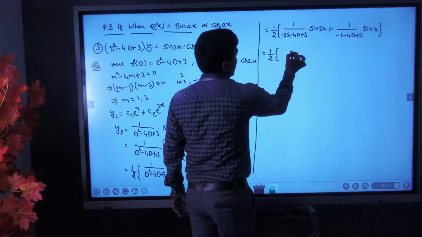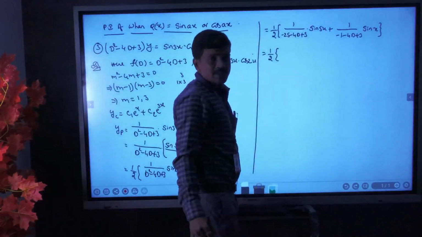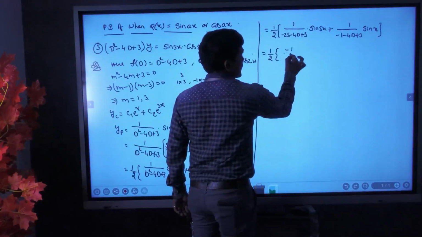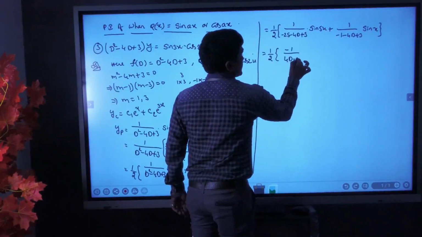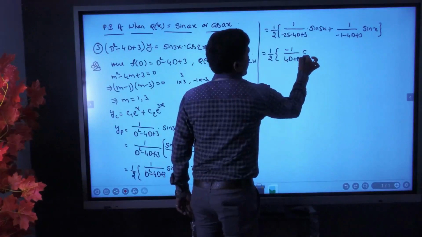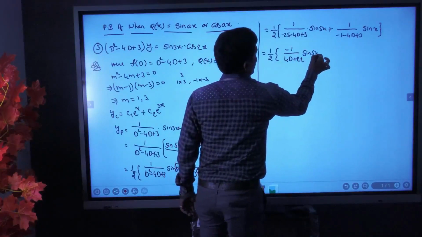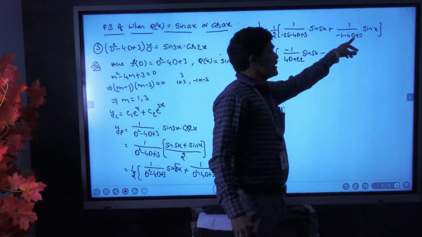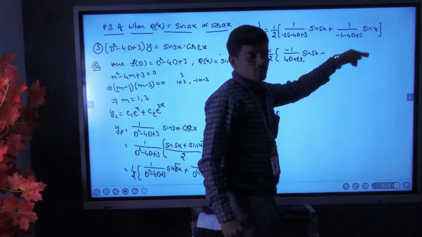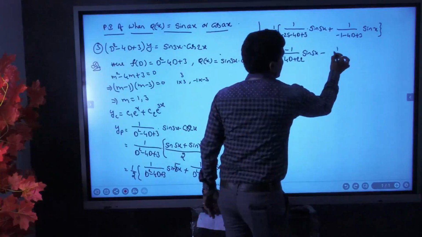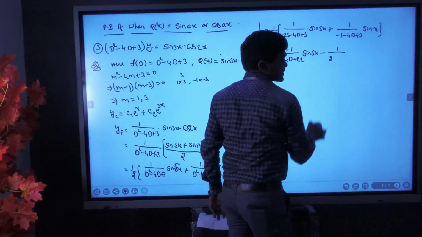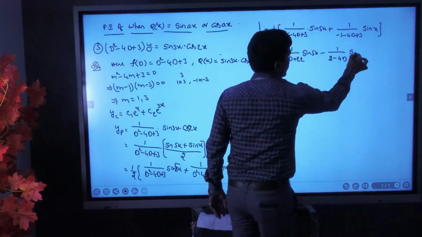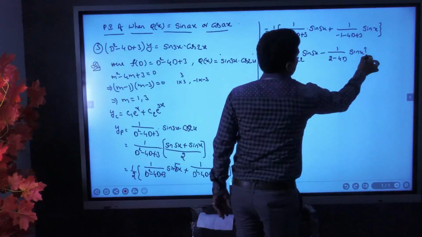So here we get minus 25 plus 3 is minus 22, here minus 4d, take common: minus 4d plus 22 into sin 5x. So here minus 4d, here minus 1 plus 3, so that's why plus 2. So then that can be written, plus term first, 2 minus 4d into sin x.